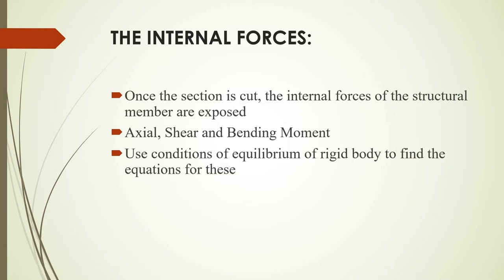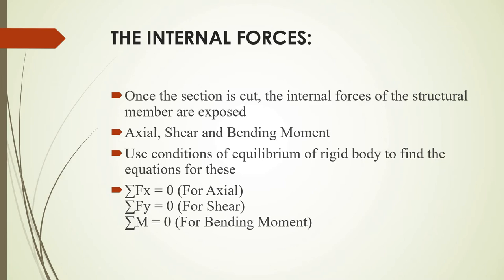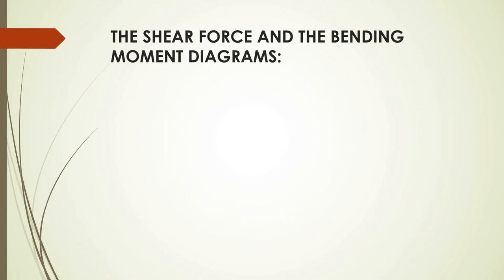Now the same equations of equilibrium that we used in the previous step for calculating reactions would be used for each section to come up with the equations for the axial force, the shear force, and the bending moment. The Fx equation would be used to determine the axial force equation, the Fy equation would be used for shear force, and the summation moment equation would be used to determine the bending moment.